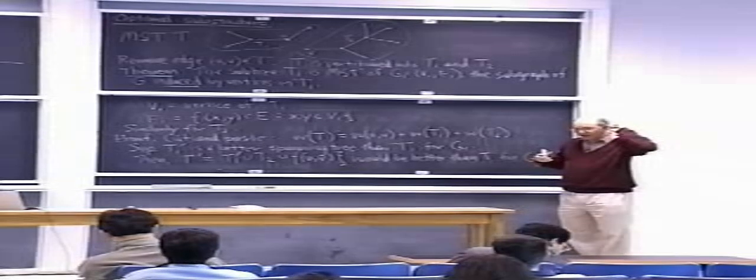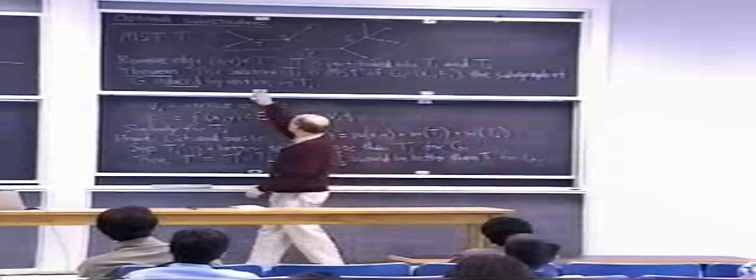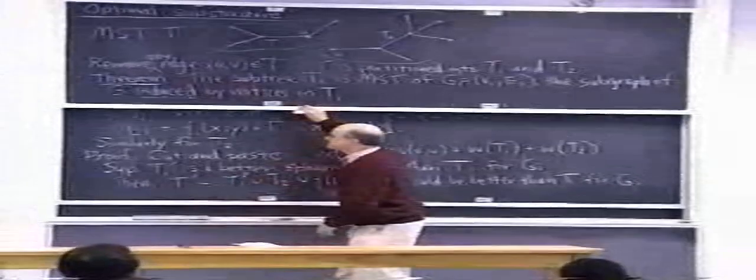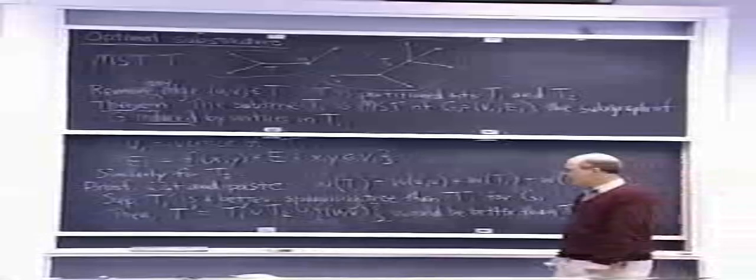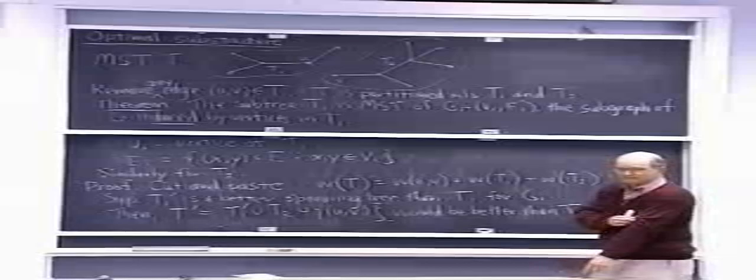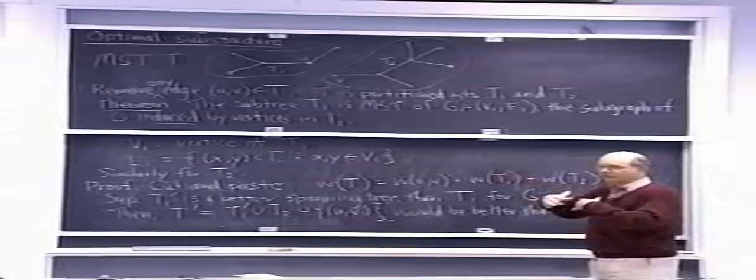Okay? So yeah, this is true for removing any edge. In fact, let's emphasize that. Any edge UV. Okay? So this is a very typical cut and paste argument to argue that something is minimal.